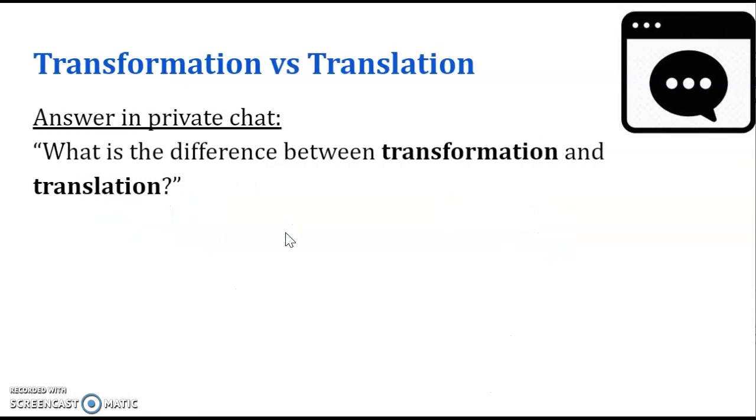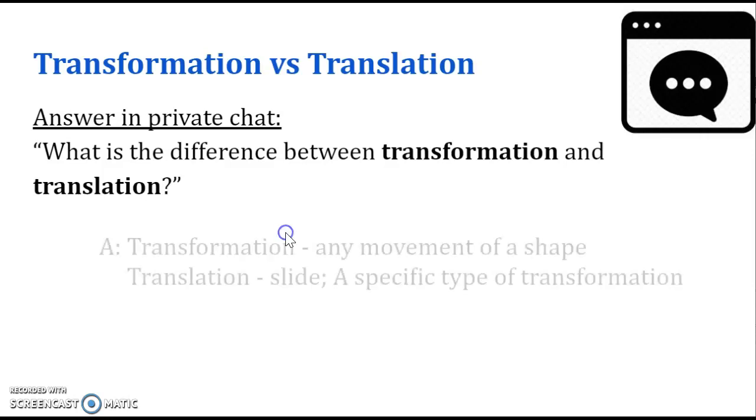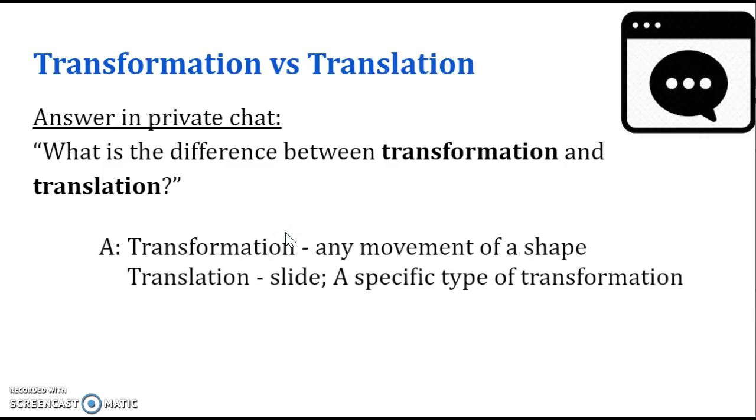What about translation and transformation? Those two words seem very similar. What do you think is the difference between the word transformation and translation? Please enter that in your chat. Okay, the answer is that transformation is any movement of a shape.